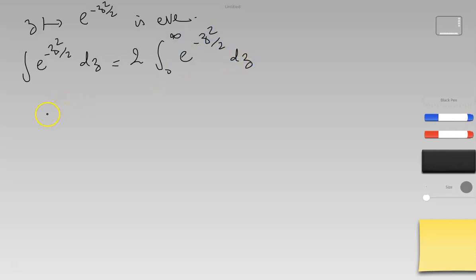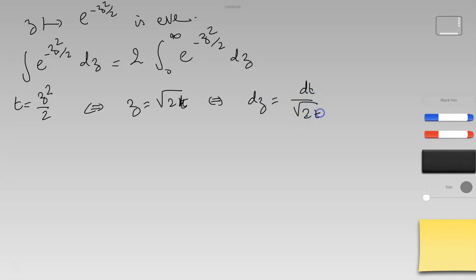Okay, then we make the change of variable t equal z squared over 2. Then, if and only if z is square root of 2t, if and only if dz is dt over square root of 2t.